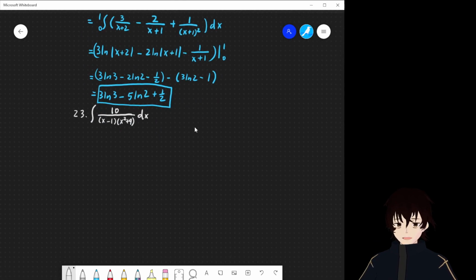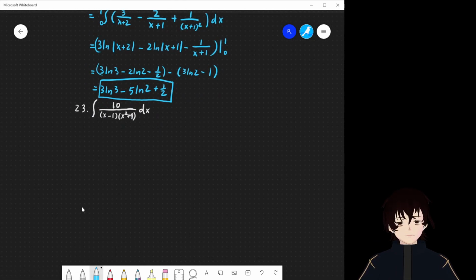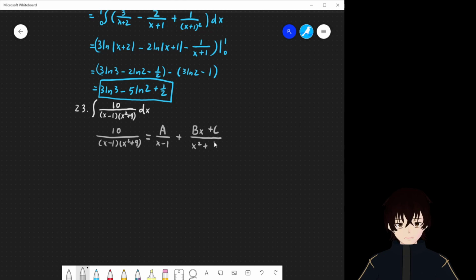This one seems quite tricky. I hope I remember how to do this. First off, partial fractions. 10 over (x minus 1)(x squared plus 9), and because this thing here is to the power of 2, this will be equal to A over x minus 1 plus Bx plus C over x squared plus 9.